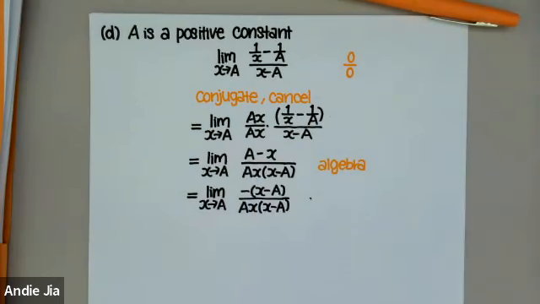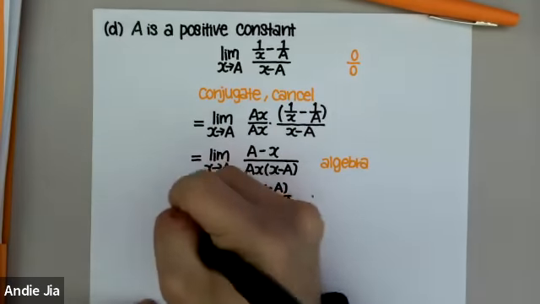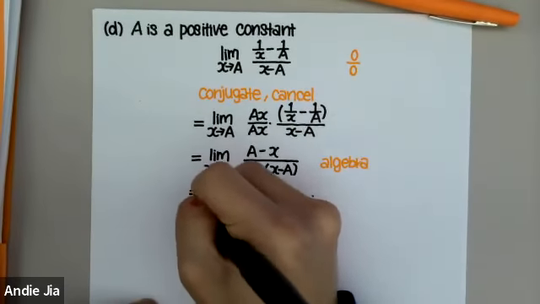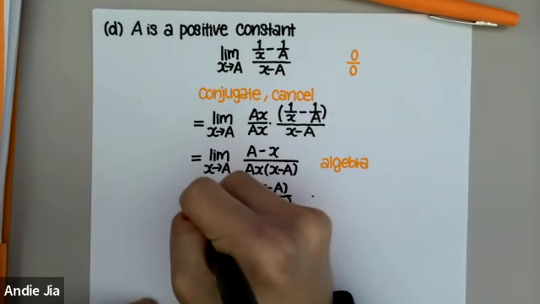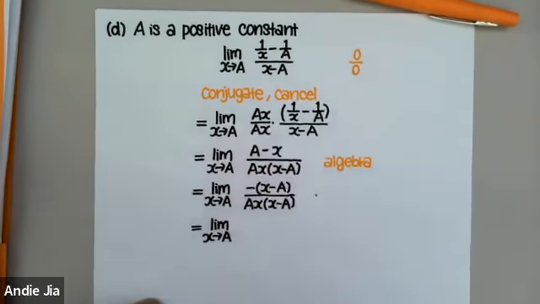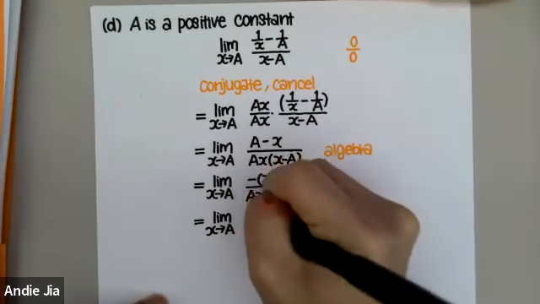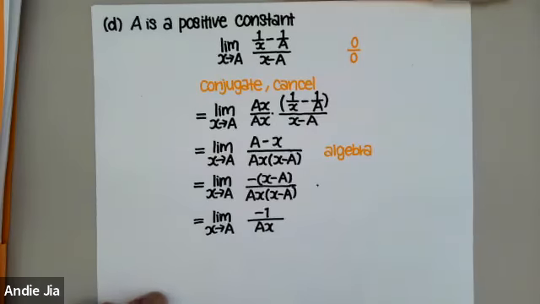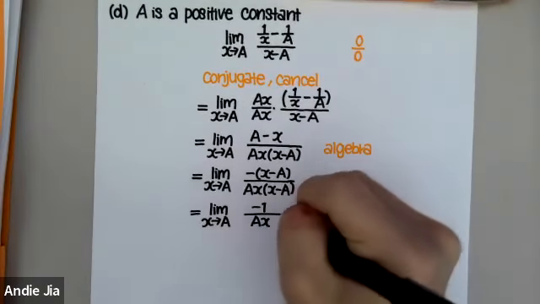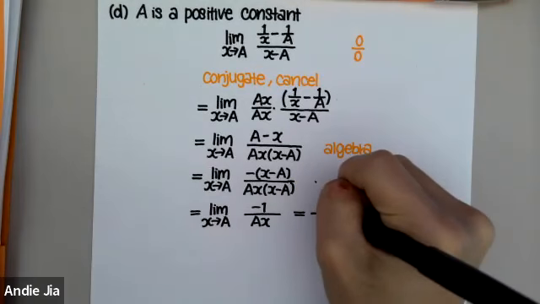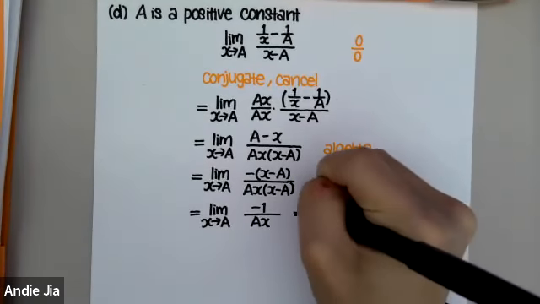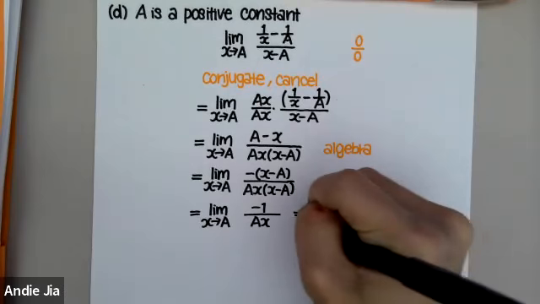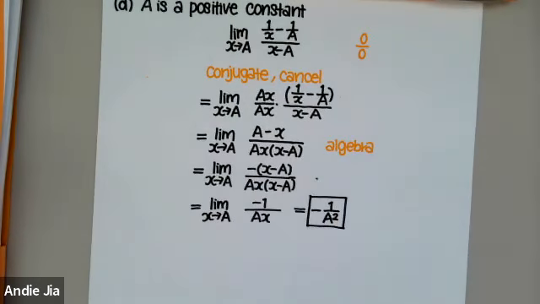X minus a is canceled. So what you get is this: it's going to be negative 1 over ax, so negative 1 over a squared. I think this is an easier limit that we can expect on the final exam.